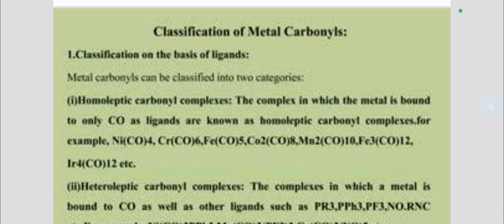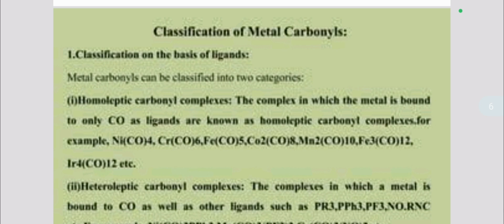And next, heteroleptic carbonyl compounds or complexes. In this type, the metal atom is bound to CO as well as other ligands. For example, Ni(CO)3PF3. Here the central metal atom is attached to CO as well as another ligand, PF3.